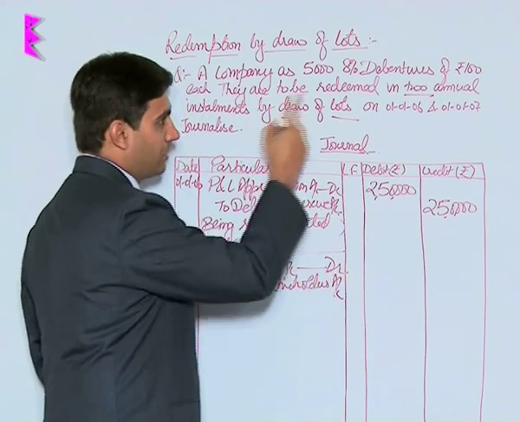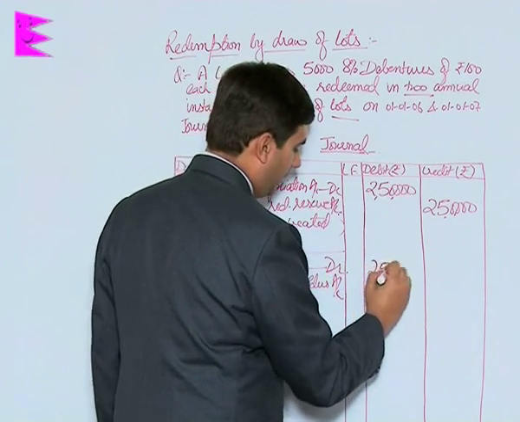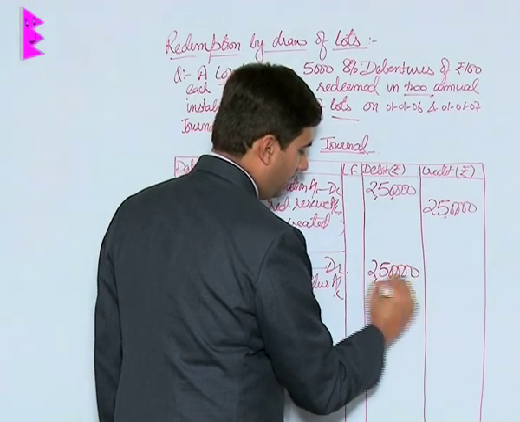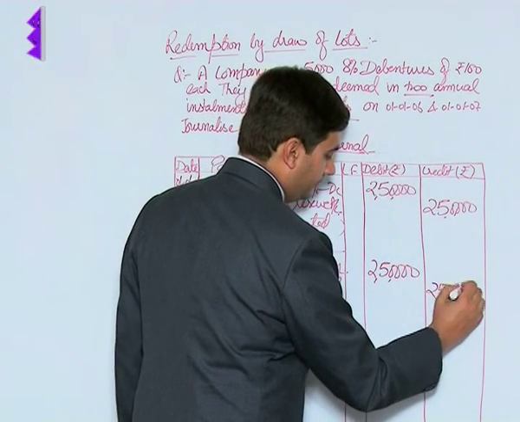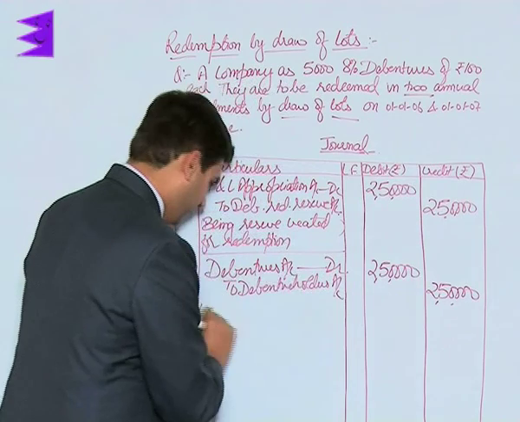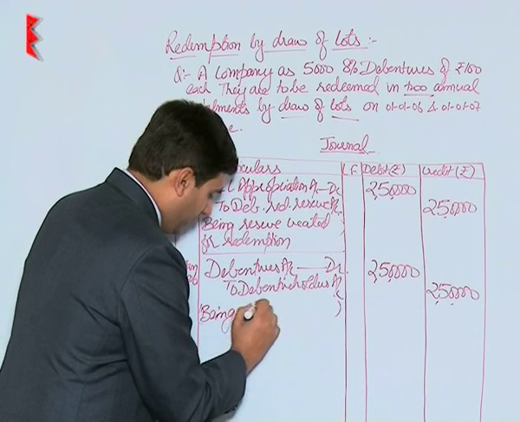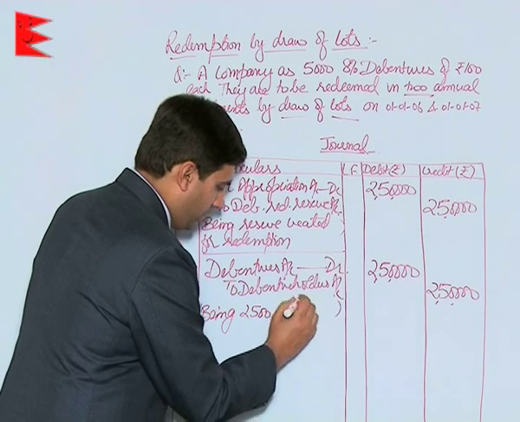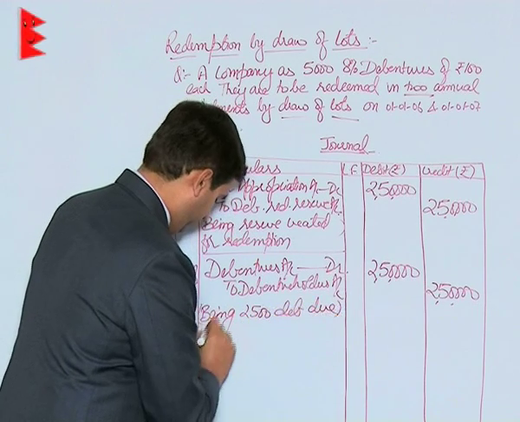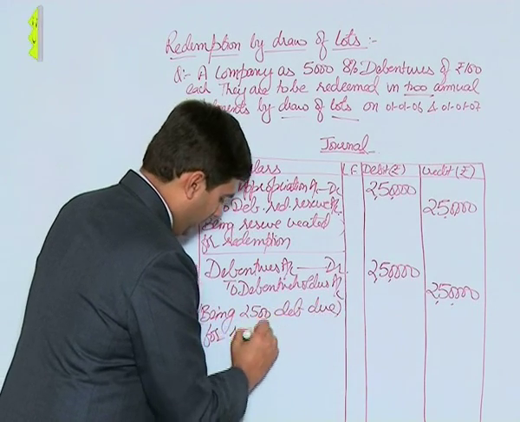The amount is 2,500 into 100, that is 2,50,000. The narration would be being 2,500 debentures due for redemption.